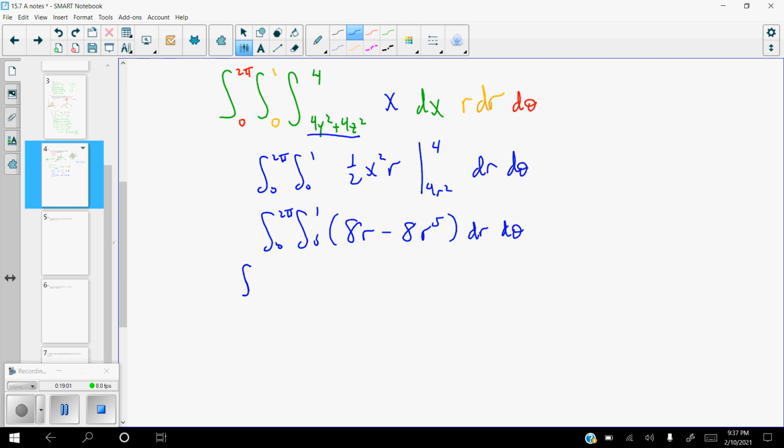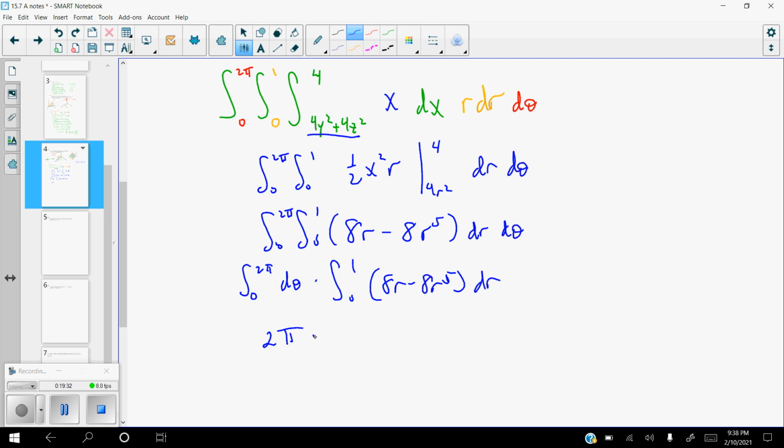So 0 to 2 pi d theta times the integral from 0 to 1 of 8r minus 8r to the 5th dr. So the antiderivative of d theta is just theta. From 0 to 2 pi is just going to be 2 pi. You will get used to seeing that one. If you need to write it out, please do, but it'll just be theta, 0 to 2 pi, plug in the 2 pi, and that's what you'll get.